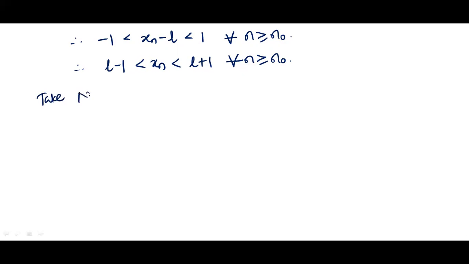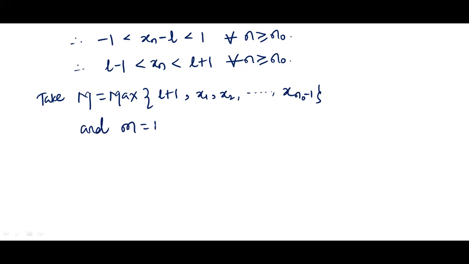Take capital M is equal to maximum of L plus 1, x1, x2 up to x suffix n naught minus 1, and small m is equal to minimum of L minus 1, x1, x2 up to x n naught minus 1.